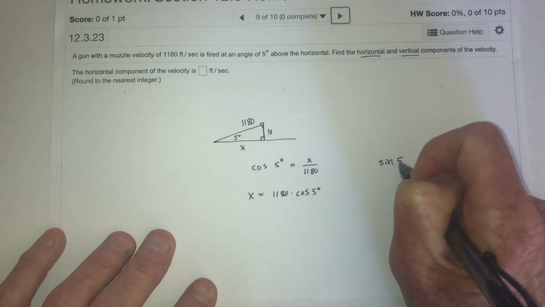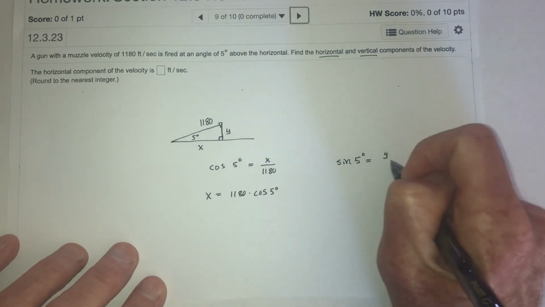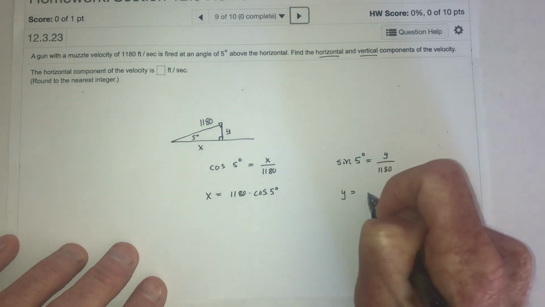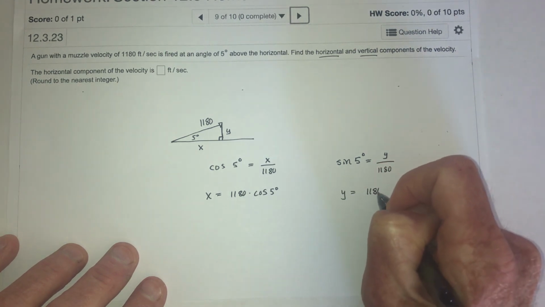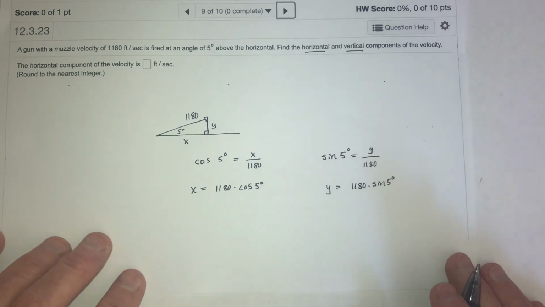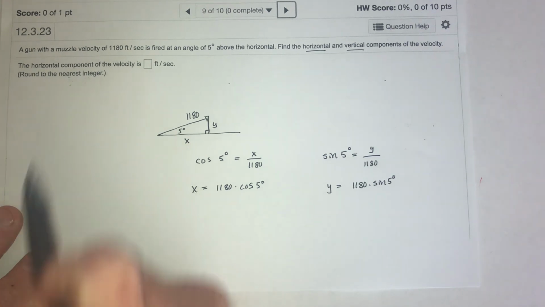Likewise, sine of 5 degrees, so sine would be opposite over hypotenuse. So the vertical component would be 1180 times sine of 5 degrees. And then you could type that in a calculator and they're going to round it to the nearest integer.